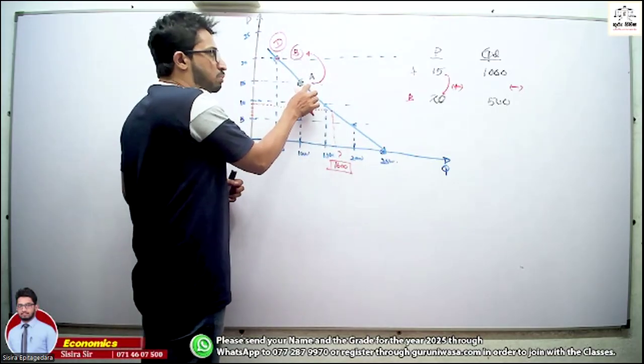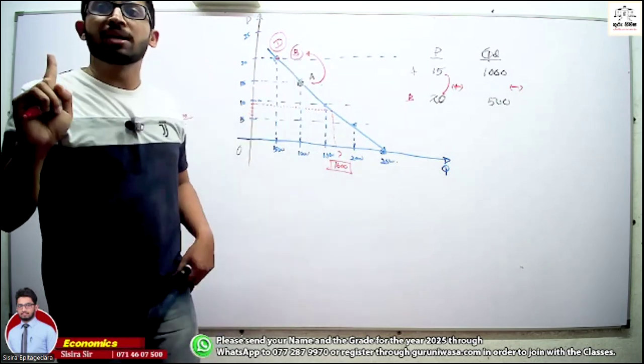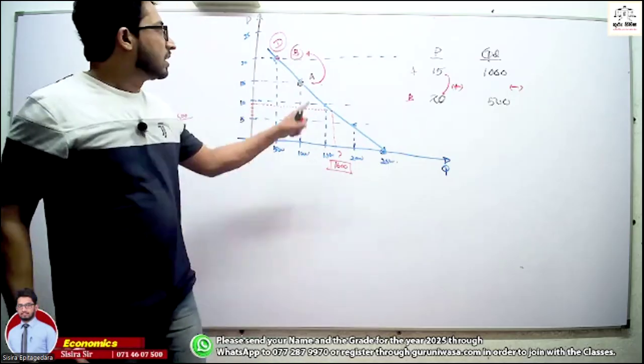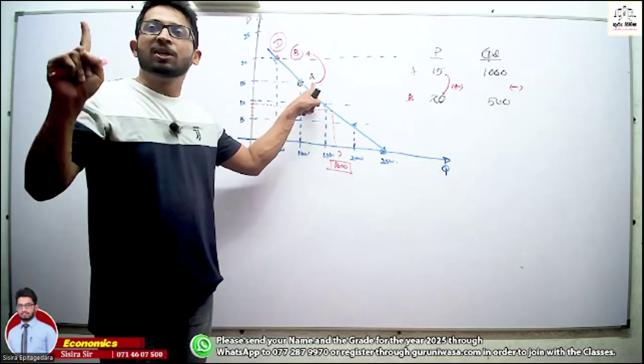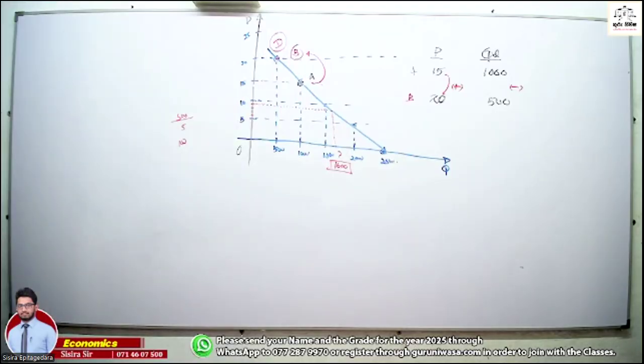This point is moving from A to B. My question is, why does this point move from A to B? What is the reason behind this movement?